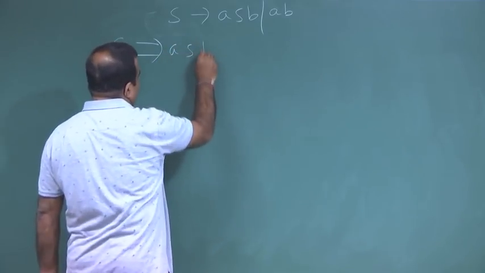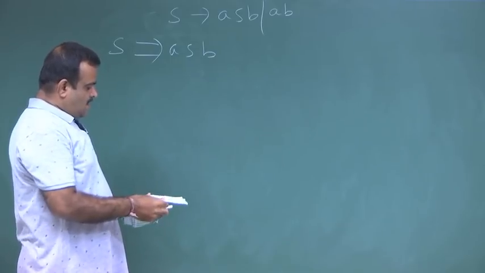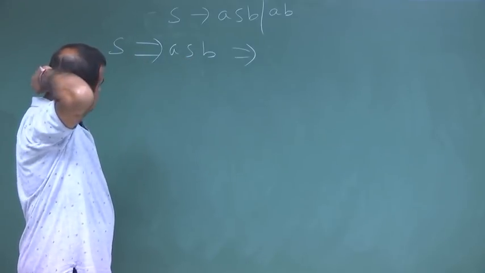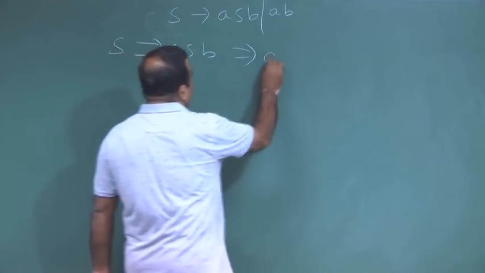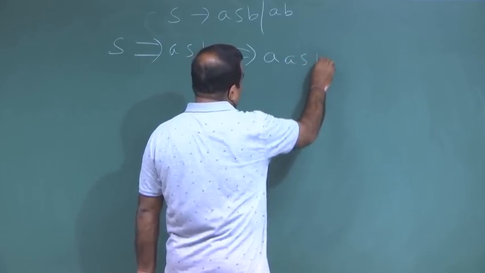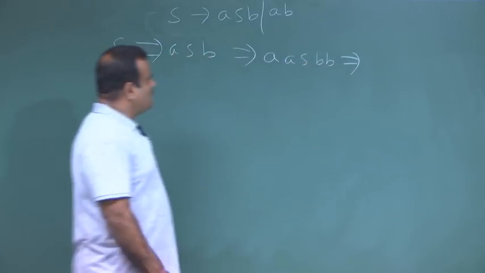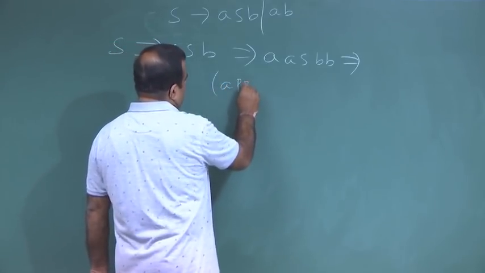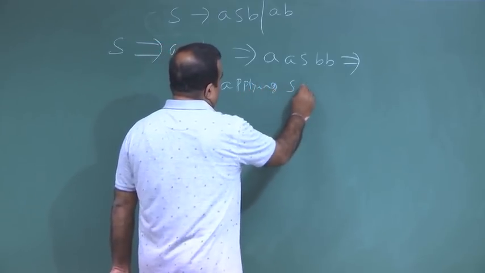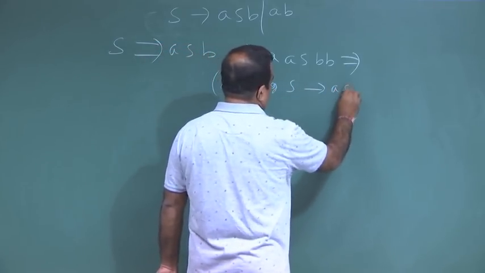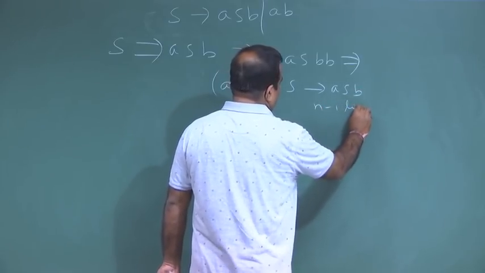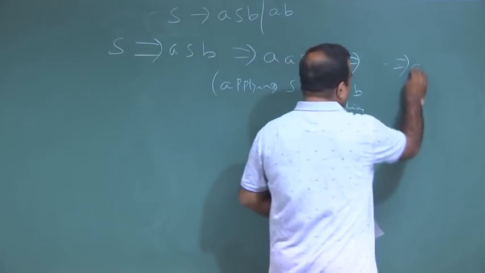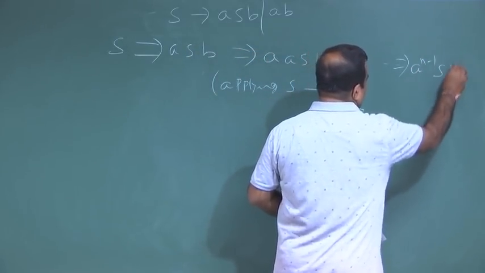If we apply ASB, and then again apply it to S, we get A A S B B. These are sentential forms. If we keep on applying this production n minus 1 times, we reach a to the power n minus 1, S, b to the power n minus 1.